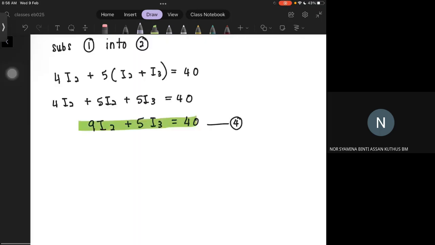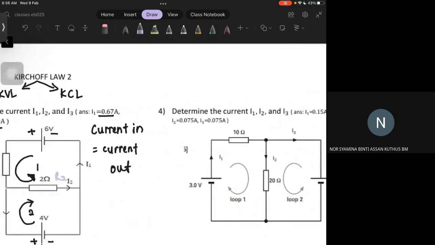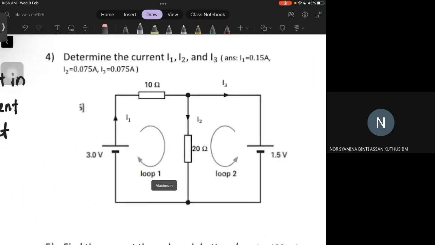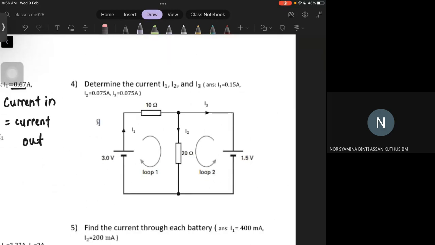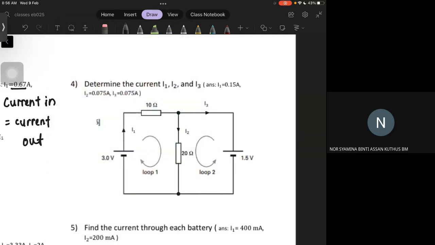Okay, 1, 2, 3. Okay, soalan yang keempat. Ada lagi masa? Okay, soalan dia dah berikan loop. So, I just want to do dia punya KCL sahaja dulu. So, KCL dia macam mana sekarang? KCL dia berapa? Untuk soalan 4 ni. What is the formula for KCL?